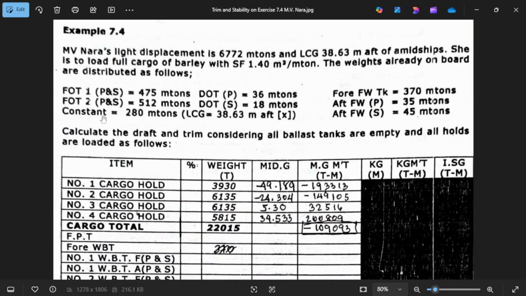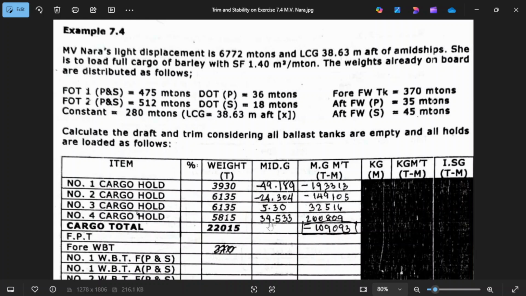The weights already on board are distributed as follows. So FO, DO, and press water. For example, in holds 1 to 4, he has already loaded the weight in each hold, and the total cargo is 22015.